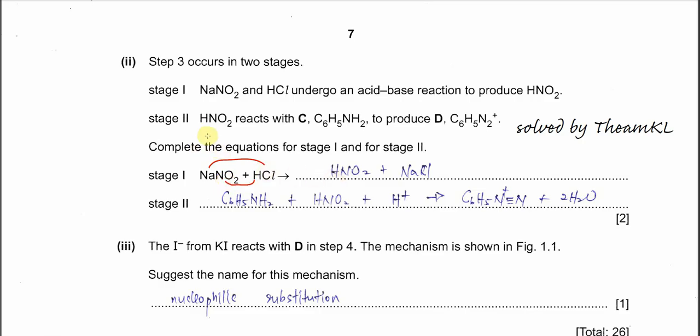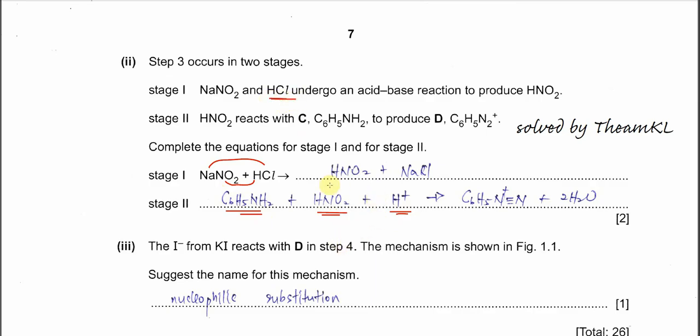Okay, stage 2, the HNO2 reacts with C. C is this phenylamine, to produce the benzene diazonium ion. This one, no choice, you must remember how the equation goes. The phenylamine with the HNO2 and the acid. The acid is HCl, H plus.